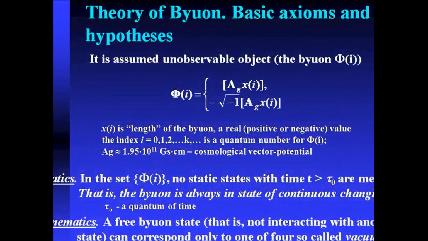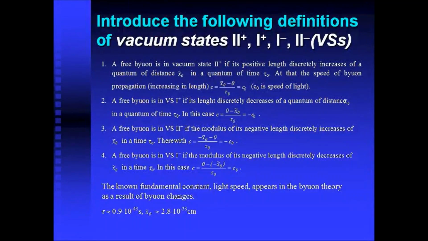Gluons are always in a permanent discrete changing state. For describing these changes, we introduce the following definitions of vacuum state: 2 plus, 1 plus, 1 minus, 2 minus.